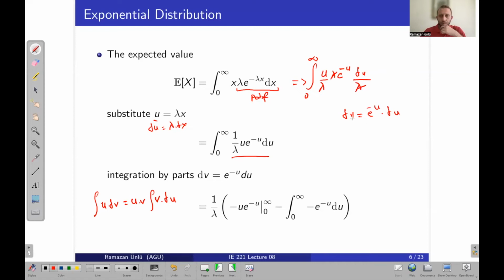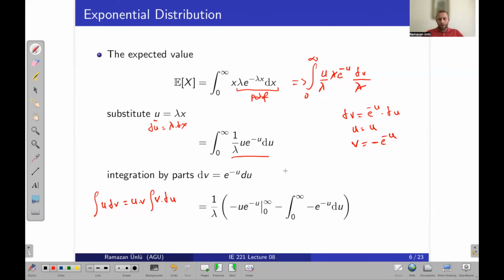So dv is equal to e to the minus u times du, and u is u, and v is, if I take the antiderivative of this, I will get v, right? And if I get the antiderivative of this one, I will get the du. So that will be minus e to the minus u. Okay?